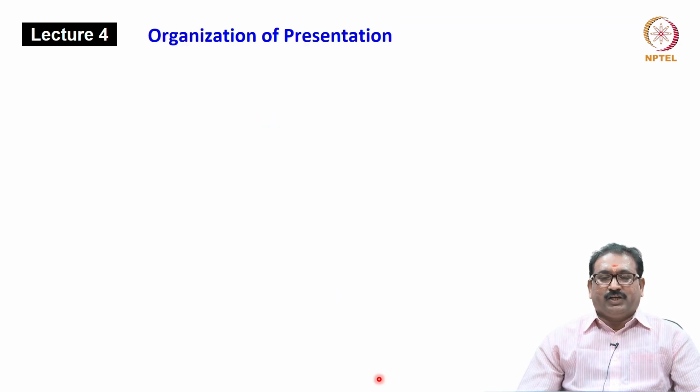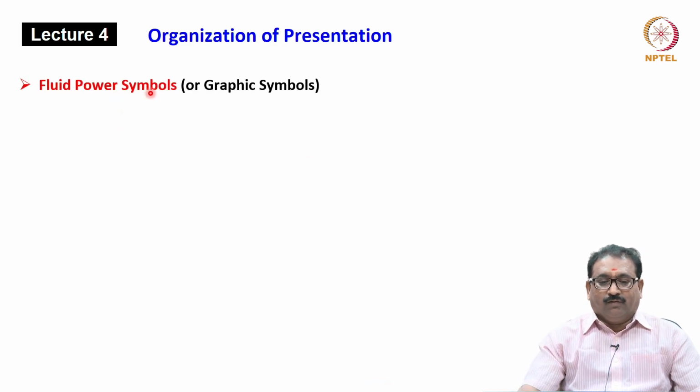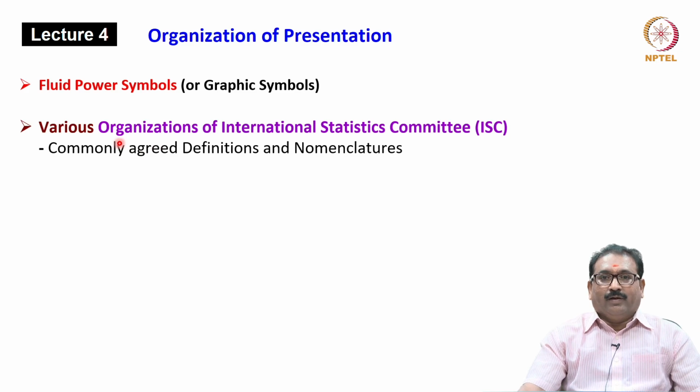I have organized the presentation in lecture 4 as follows. The fluid power symbols; in some textbooks you will find them called graphical symbols. We will discuss here the various organizations of the International Statistics Committee, briefly known as ISC. Various countries are involved, and commonly agreed definitions and nomenclatures are seen.